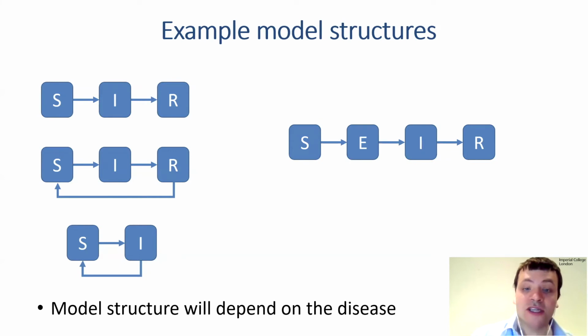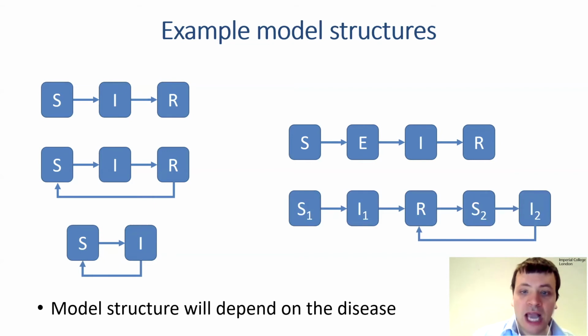Susceptible, exposed, infectious, recovered: in this case, people aren't infectious as soon as they become infected and they move into an exposed compartment for some time. And in this example, we have susceptible, infectious, recovered, and then repeated susceptible, infectious compartments for those that are reinfected.